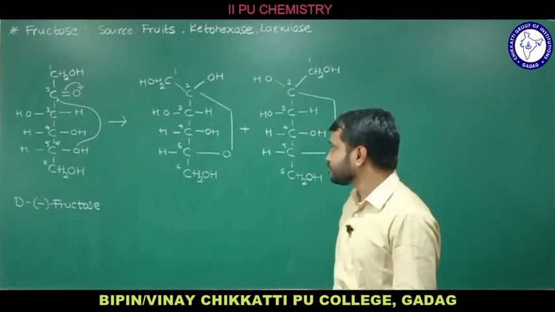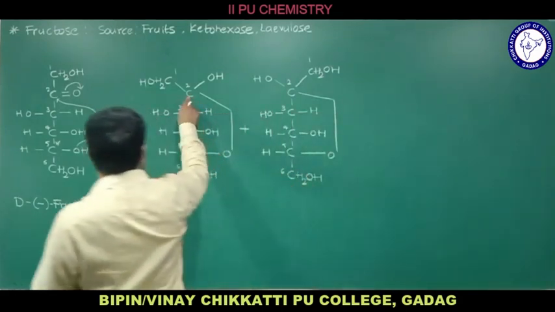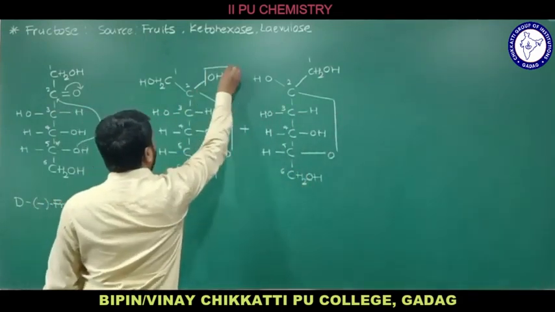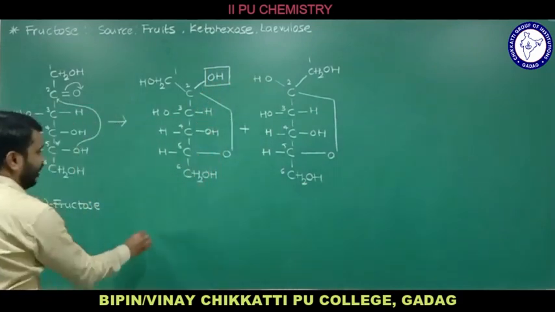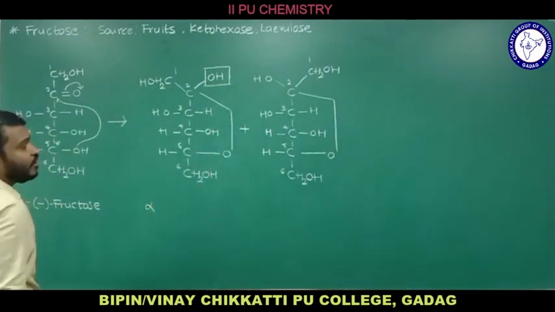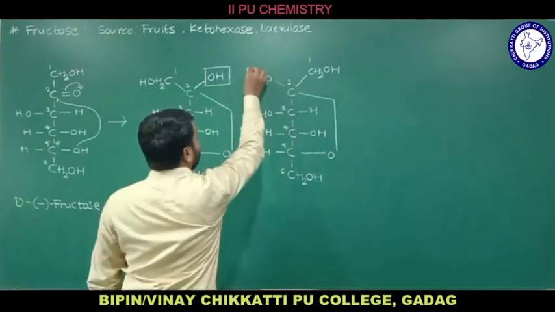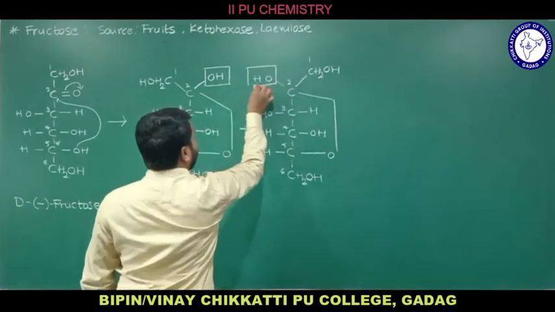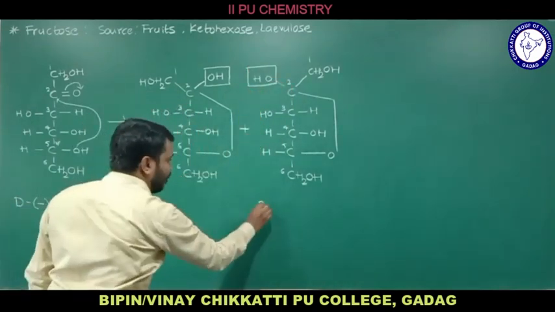You try to know. So on the anomeric carbon, OH is on the right side, therefore this is alpha. On the anomeric carbon, OH is on the left side, therefore we call this beta.